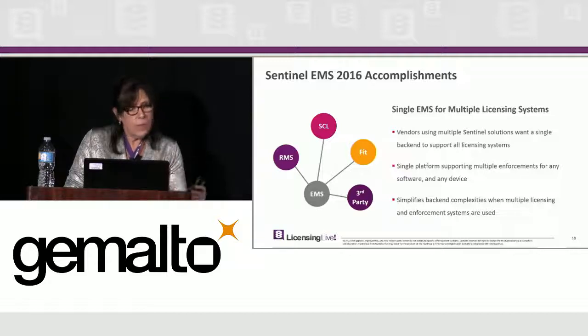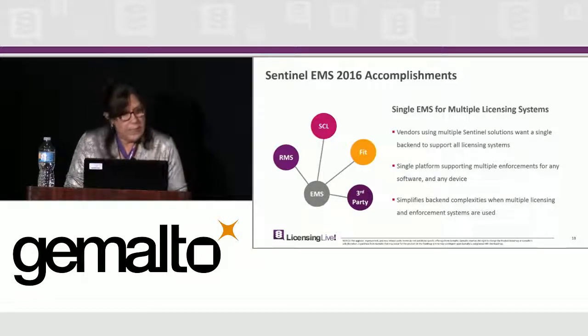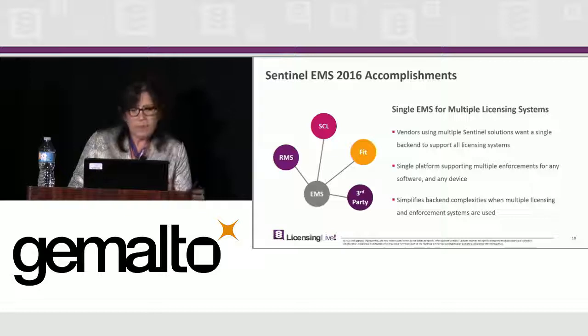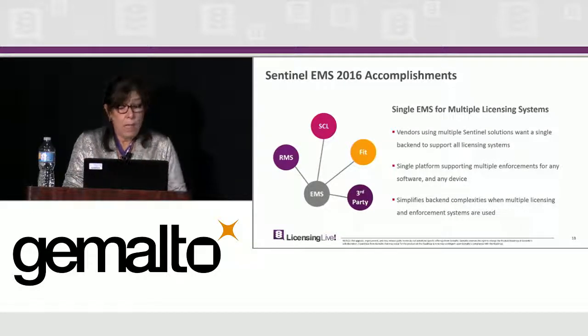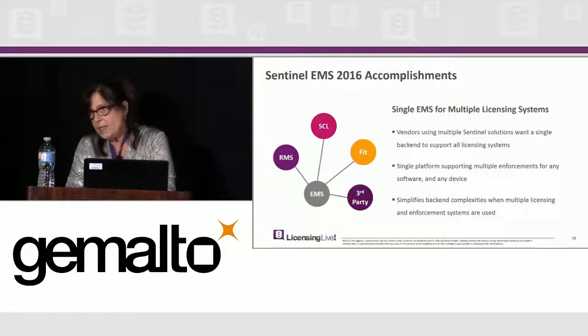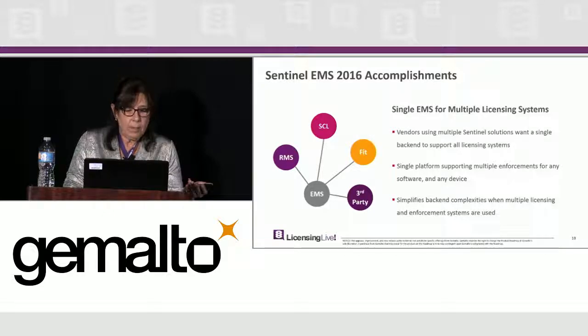And they need a single backend that supports all of these licensing systems across the board. And this is our biggest achievement when it comes to EMS this past year. Vendors also want a unified solution to address all the licensing needs for on-premise and cloud software monetization.